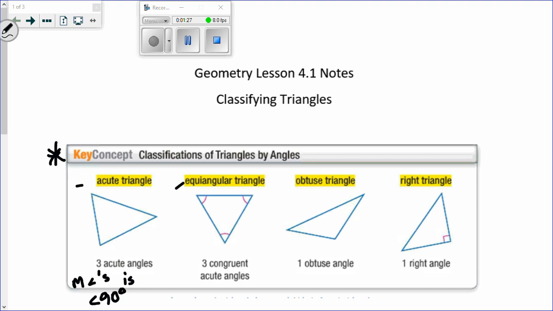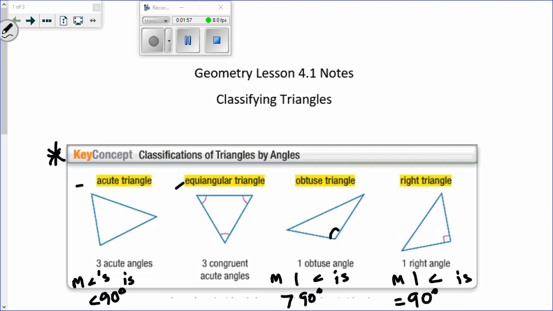Obtuse triangle. Okay, an obtuse triangle, of course, is going to have one obtuse angle. The measure of one angle is greater than 90 degrees, so it makes an angle obtuse. Right triangle, of course, has one right angle, so the measure of one angle is equal to 90 degrees.